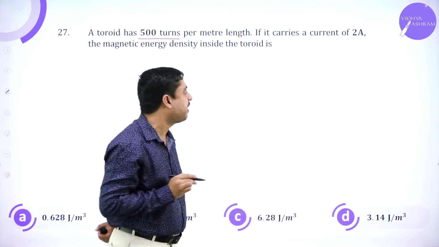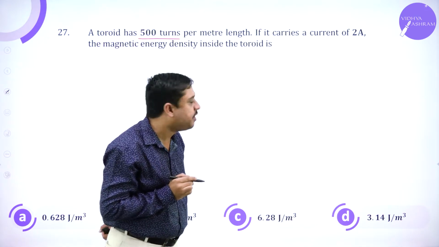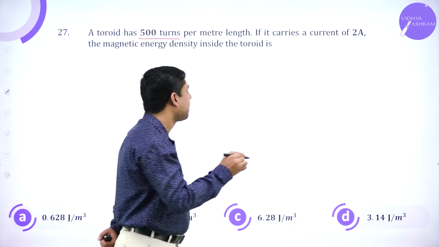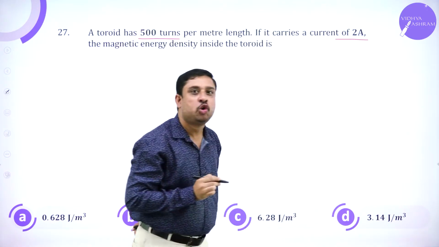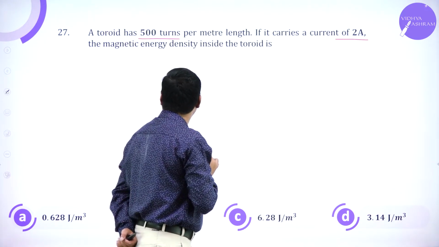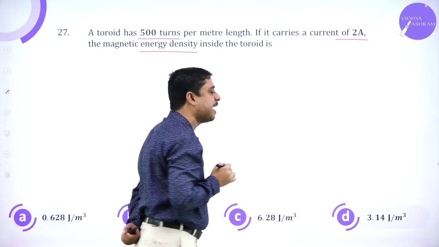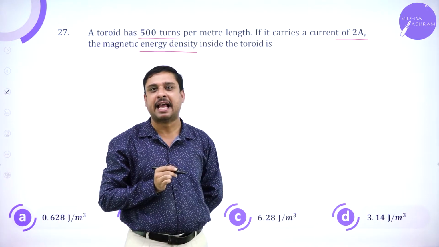A toroid has 500 turns per meter length. It carries a current of 2 ampere. The magnetic energy density inside the toroid has to be calculated.